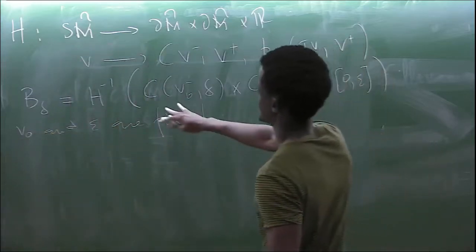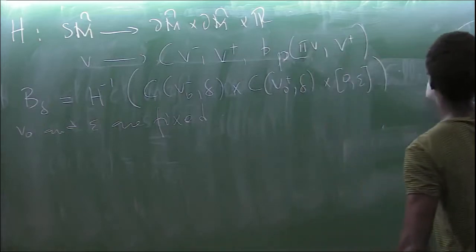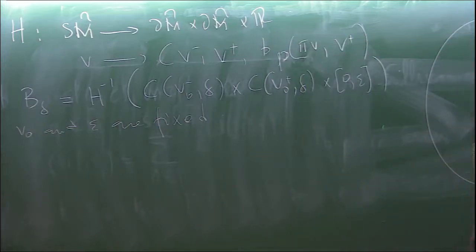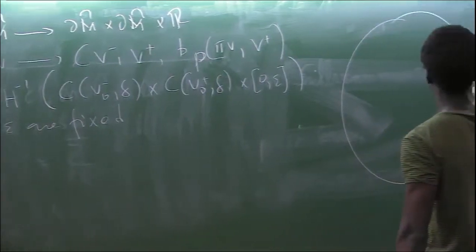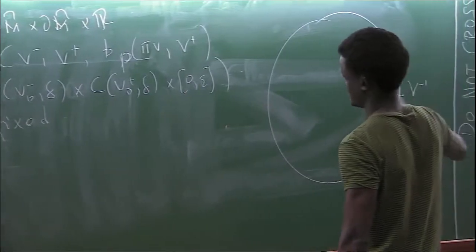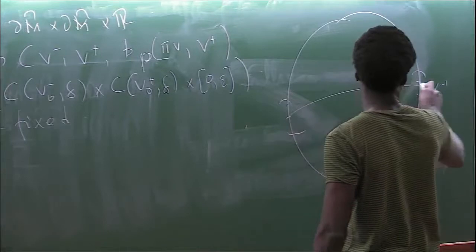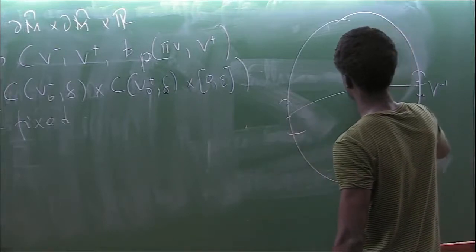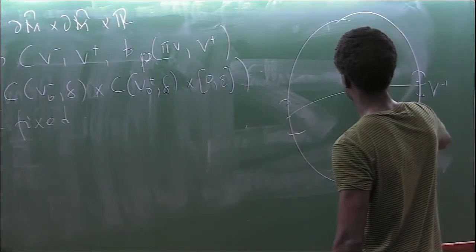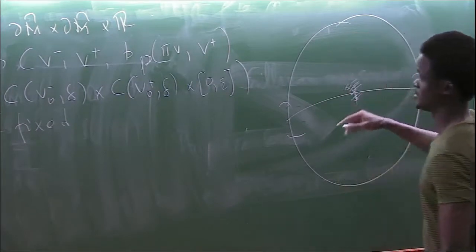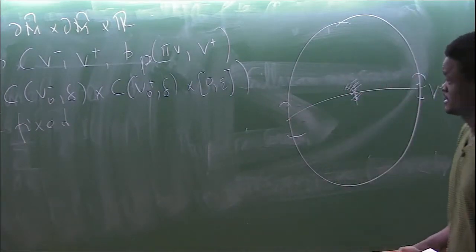This is just a neighborhood of the points at infinity. You have V plus, you take a neighborhood of size delta here, and V minus, a neighborhood of size delta, and you have this geodesic, and this will be just a set like this here. This is our detector.